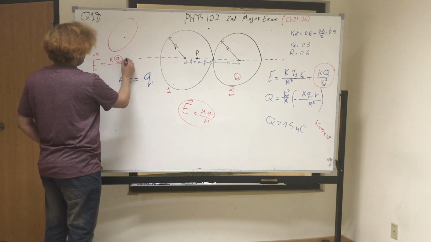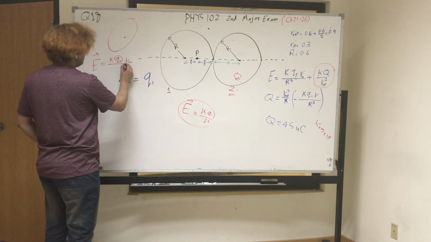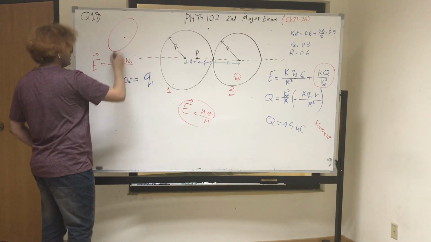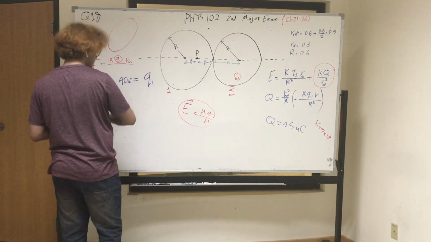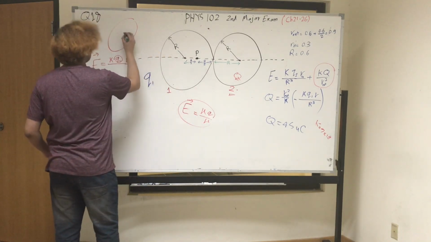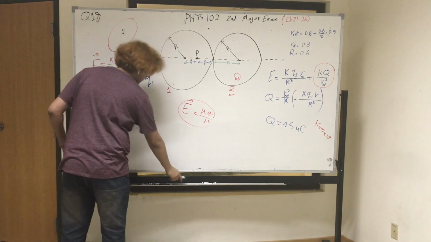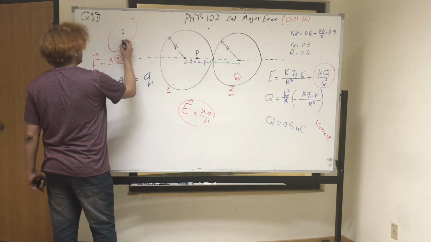times the inner radius. Okay. So let's say that this here is the center of the sphere, and we want to find the electric field at this point.